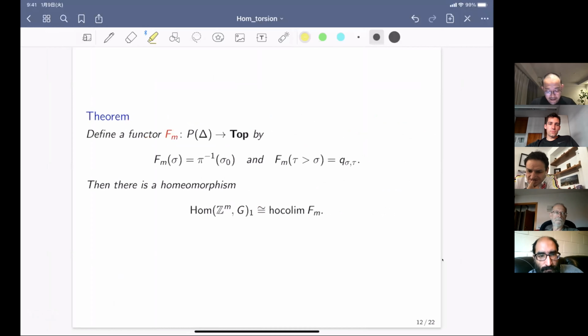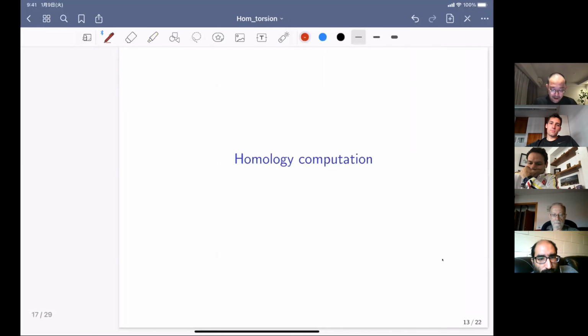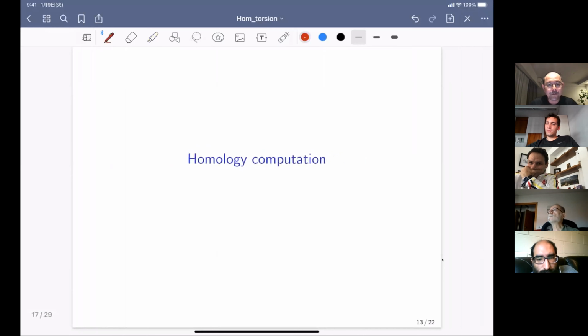Let's define a functor Fm from P of delta n into Top by setting Fm sigma to be pi inverse sigma 0 and Fm of tau to sigma to be Q sigma tau. Then Hom ZMG1 is a hocolimit of Fm. Okay, now we get the homotopy decomposition.